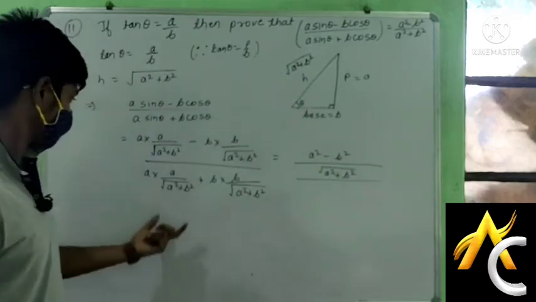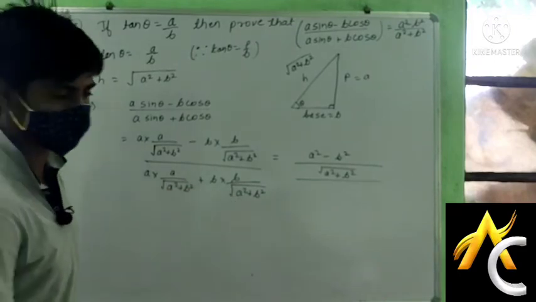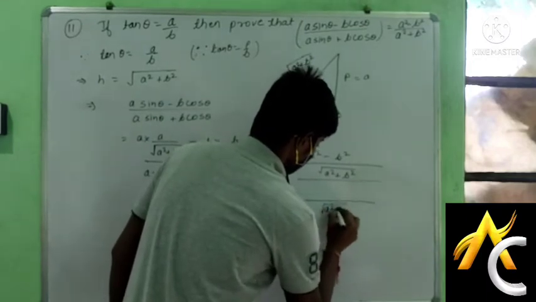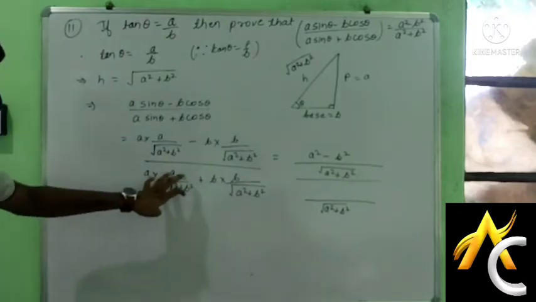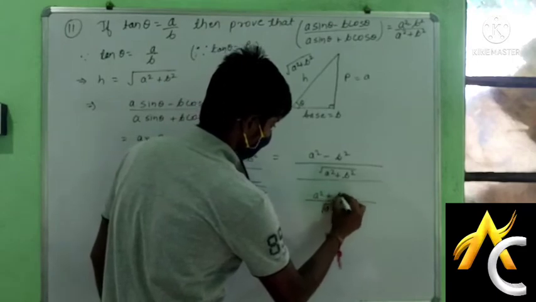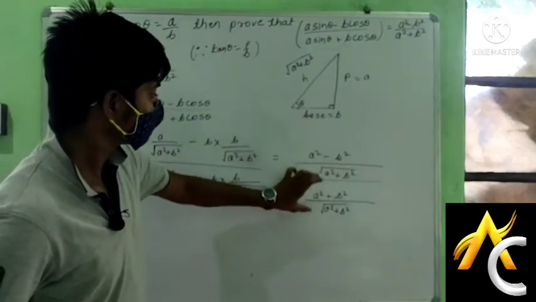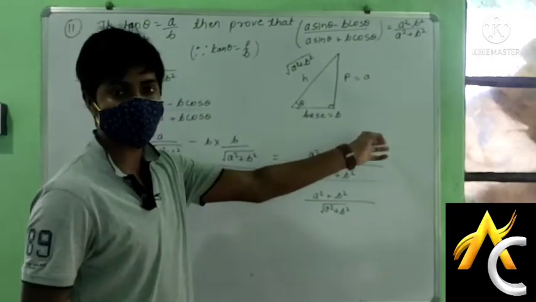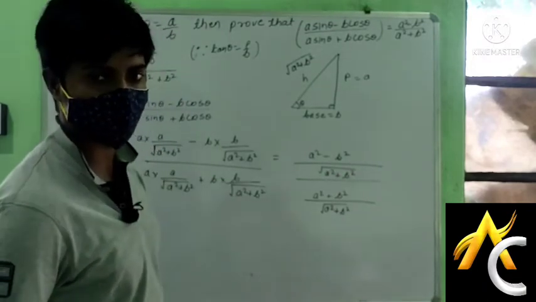Divided by, similarly the LCM will be root under a square plus b square, and it will be a square plus b square. Simple. Now since this divides this, the fraction becomes a reciprocal, root under a square plus b square goes up, and root under a square plus b square cancels each other.